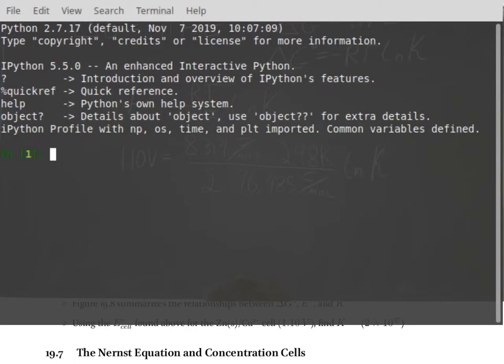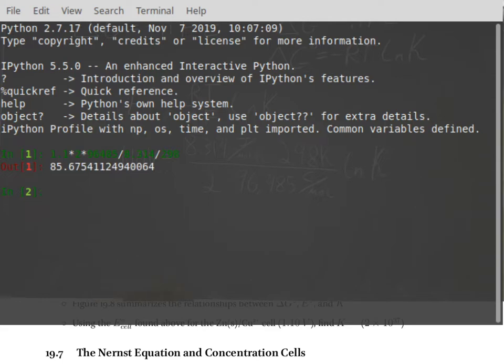Alright, so what do we need? We've got 1.1 times 2 times 96,485 divided by 8.314 divided by 298. And that's going to be 85.675.